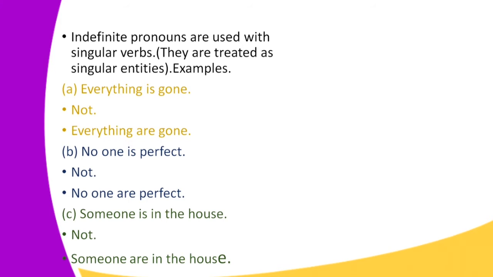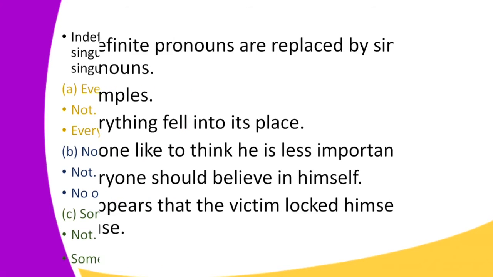The verb is a singular verb, and we cannot say no one are perfect. C, someone is in the house. That's correct. Someone are in the house is wrong. We are saying that indefinite pronouns are used with singular verbs. They are treated as singular entities.